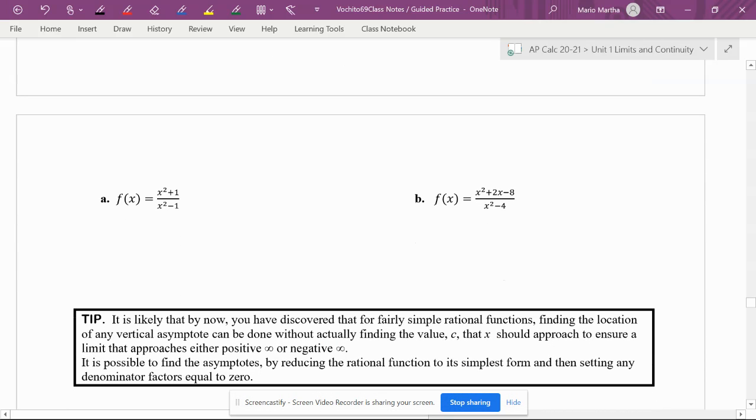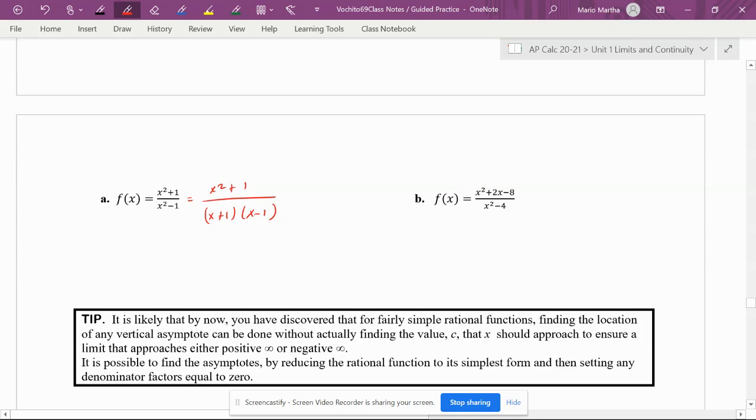So right here, pretty much what you want to do is find the limit. So let's just try to factor it, because we don't have to be finding the limit each time. We just have to make sure that something happens, right? So let's factor the top. If you notice, x squared plus 1 can't be factored, so we're going to leave it like that. The denominator is a difference of 2 squares, so we can factor it into x plus 1 times x minus 1.